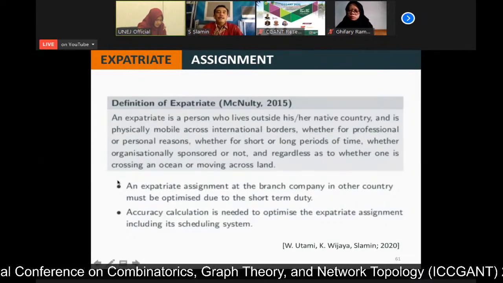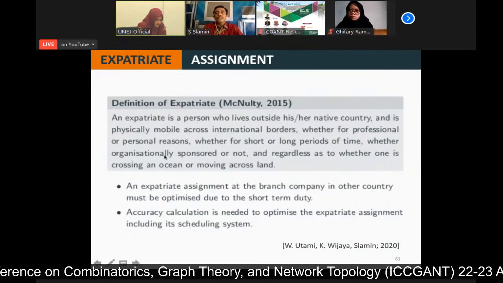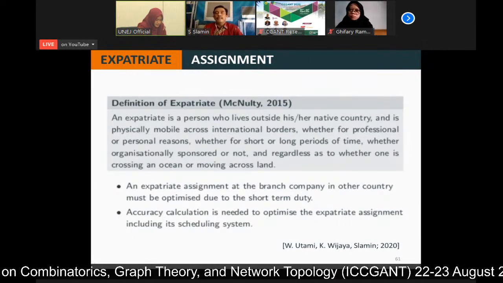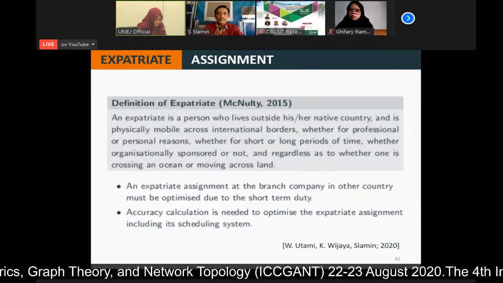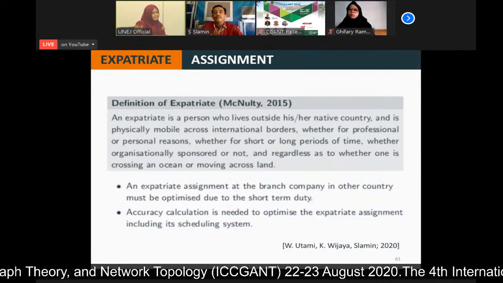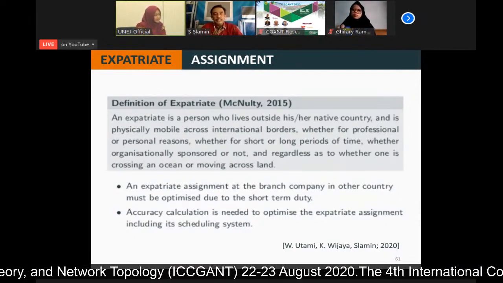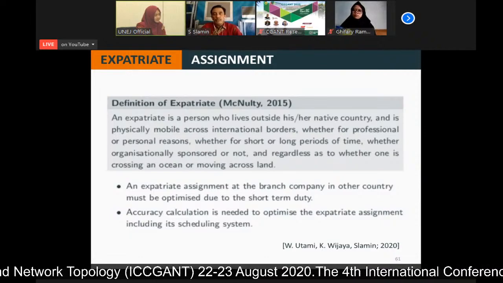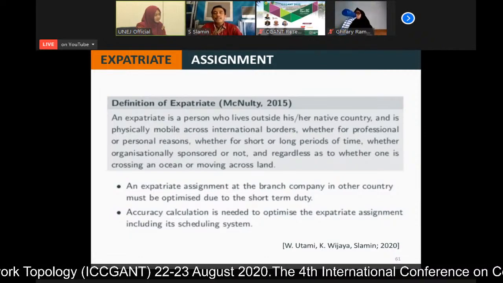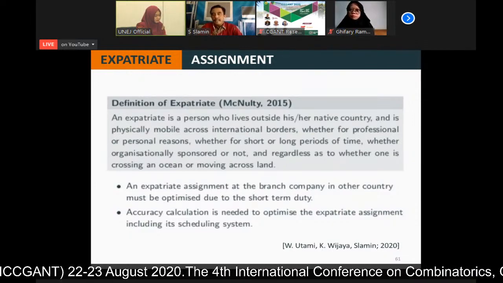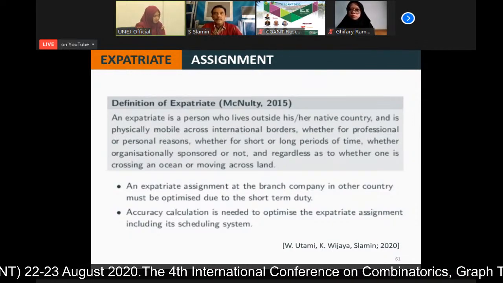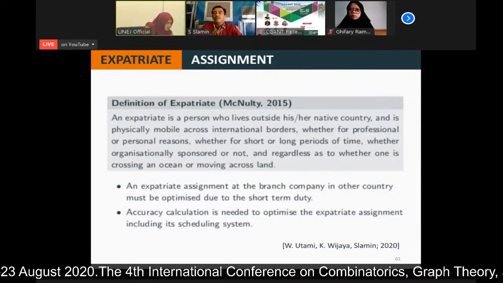An expatriate means a person who lives outside his or her native country and is physically mobile across international borders, whether for professional or personal reasons, whether for a short or long period of time, whether organizationally sponsored or not, and regardless of whether one is crossing an ocean or moving across land.